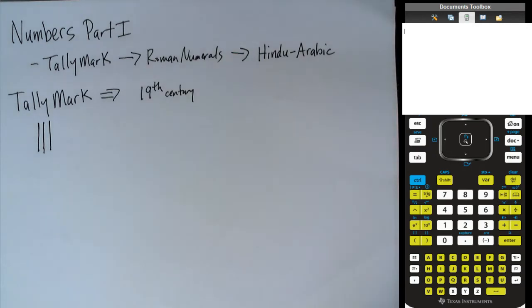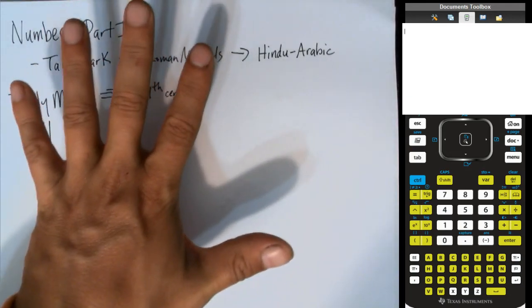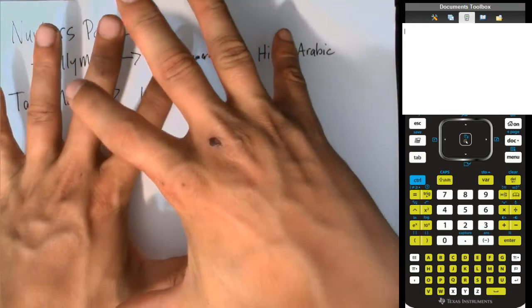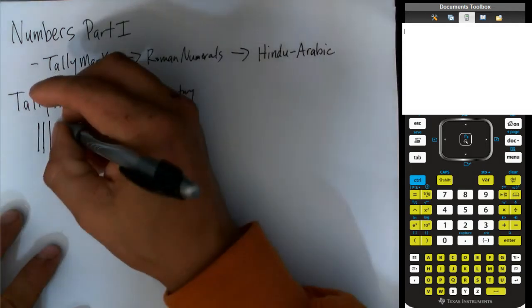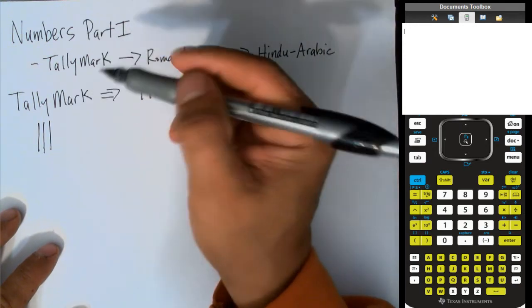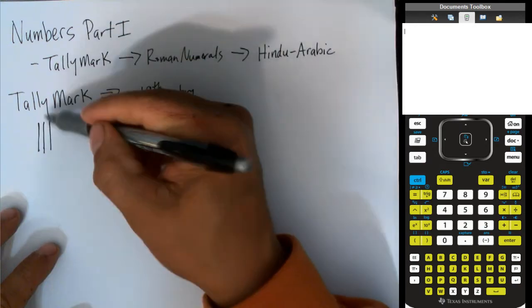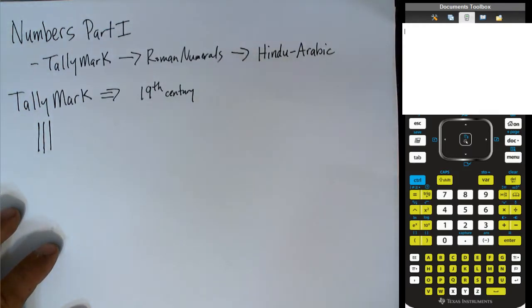And most of the common tally marks are based on 5s because I have 5 fingers, or they're based on 10 because I have 10 fingers. So when the guy said, okay, look, I count this, I count 1, I count this, I count 2, I count this, I count 3. That's the tally mark system. It's not very difficult.